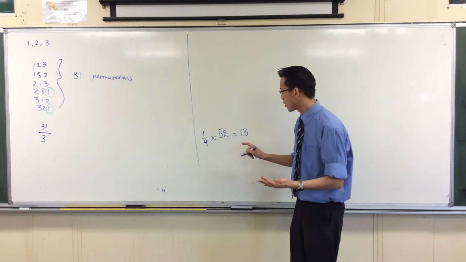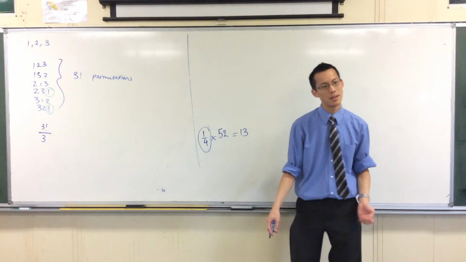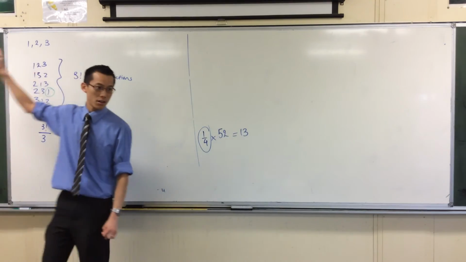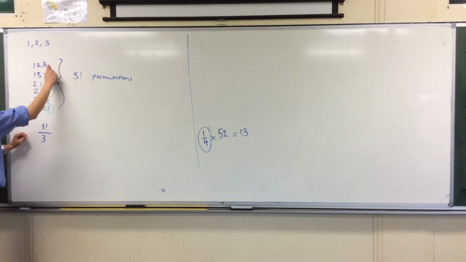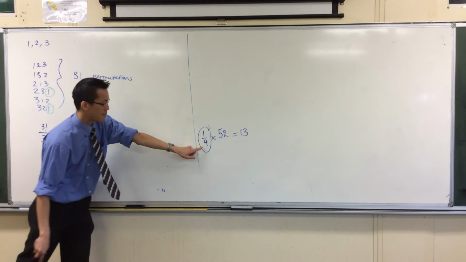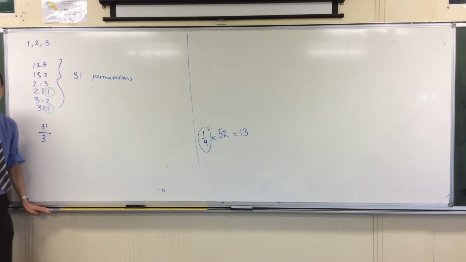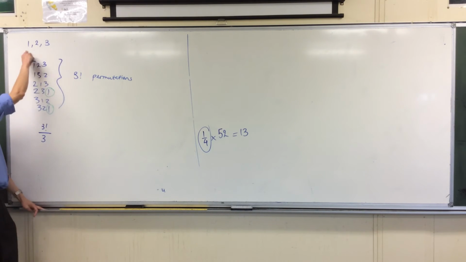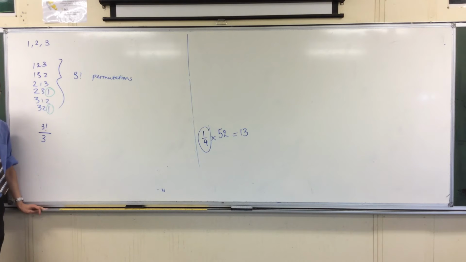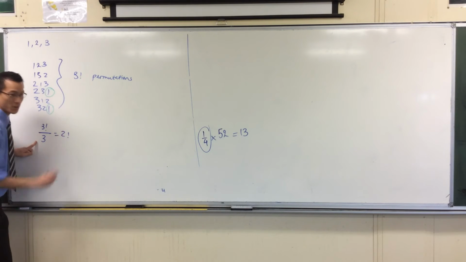If there are 4 alternatives, then I divide by 4. And there are 3 alternatives here. So how many of these 6 numbers will be 1s? The answer is divide by 3, just like I divided by 4 to get the number of hearts. If you like, my 1s are my suits. I've got 3 suits to choose from, and there are 3 factorial cards in my deck. Now, 3 factorial on 3 is actually 2 factorial, isn't it?